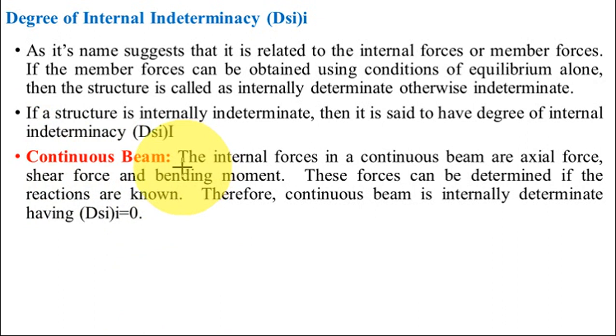The internal forces in a continuous beam are axial force, shear force and bending moment. These forces can be determined if the reactions of the continuous beam are known to us, and that's why a continuous beam is internally determinate, having degree of internal indeterminacy equal to 0, because the internal forces can be obtained using conditions of equilibrium alone.